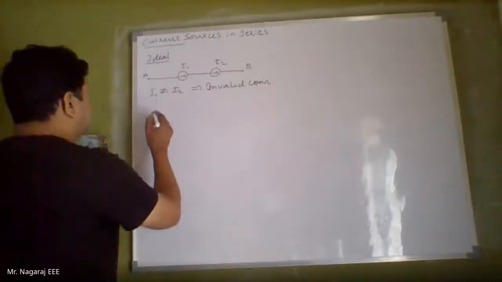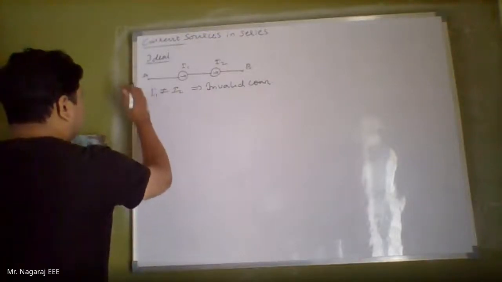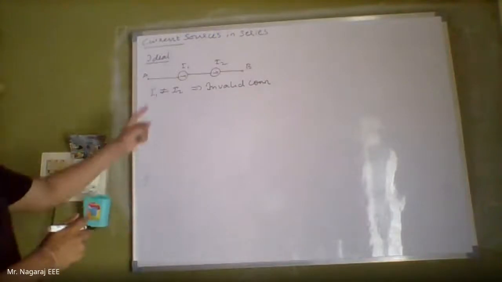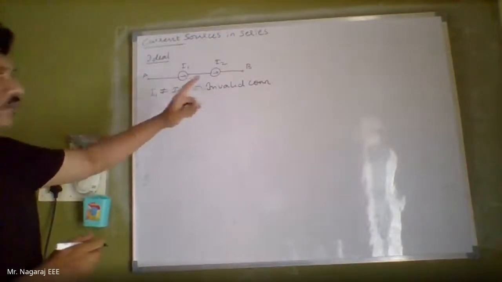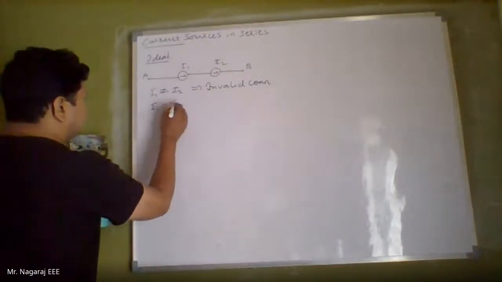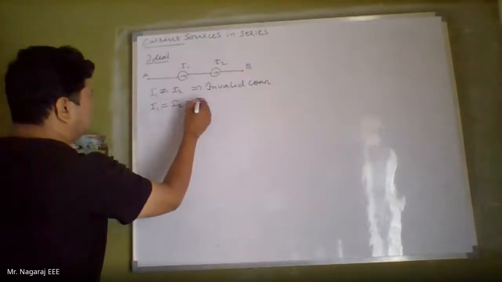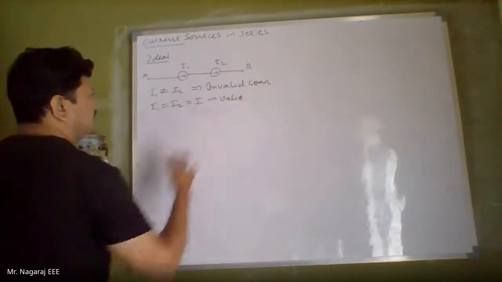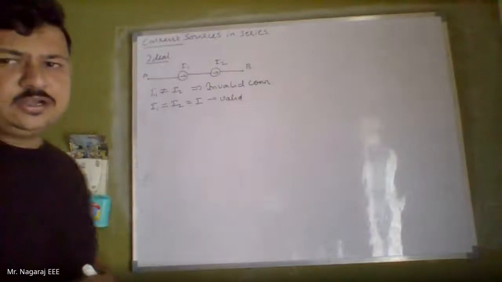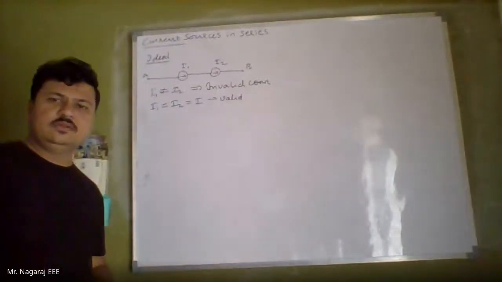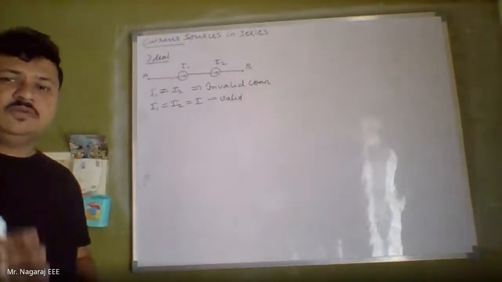Now the second case is practical. This is valid if I1 is equal to I2. I1 not equal to I2 is an invalid connection. Then what about I1 equal to I2? This will be equal to I, and it is valid. There is no harm if I connect two current sources in series of the same value, but I cannot connect sources of different values.